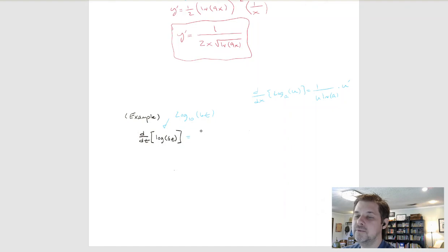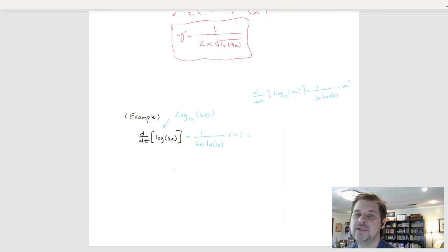So u in my case is 6t, and I get 1 over 6t, natural log of the base, and the base here is 10, so natural log of 10, and then times the derivative of u, that's the derivative of 6t, but that's just 6. So there it is. There's the rule.